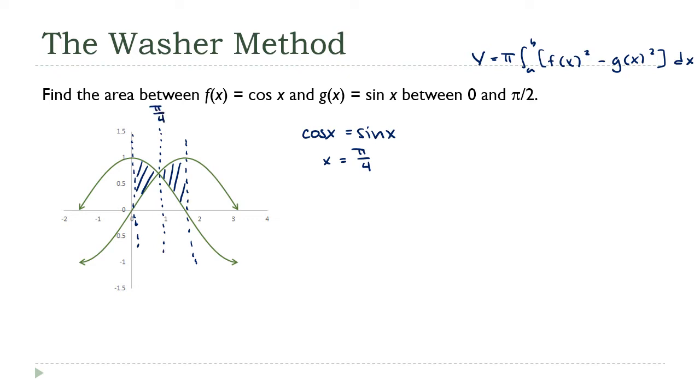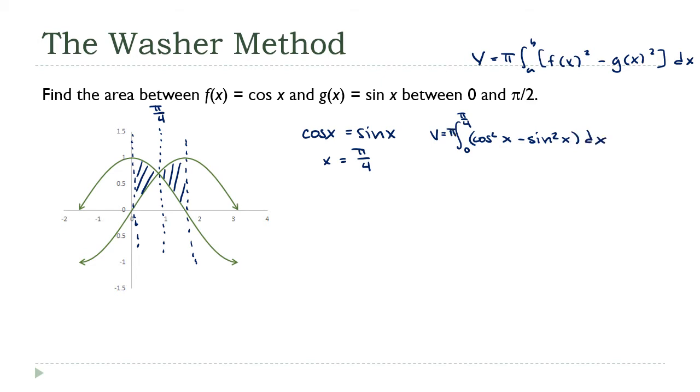So what I'm going to have to do is do this as two integrals. First, I'll do the integral from 0 to pi over 4. Let me write it. The volume is going to be the integral from 0 to pi over 4 of cosine squared x minus sine squared x dx.